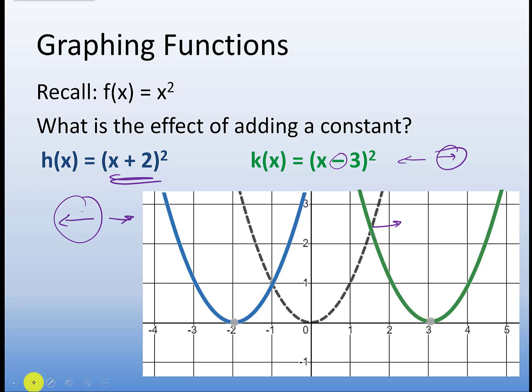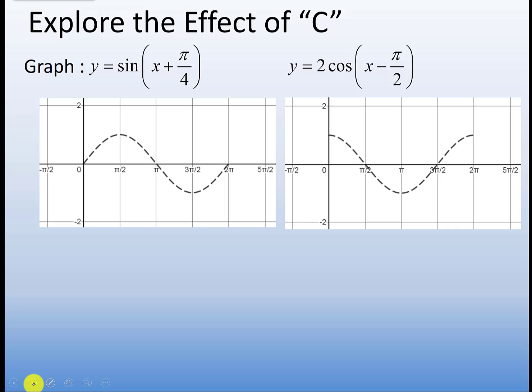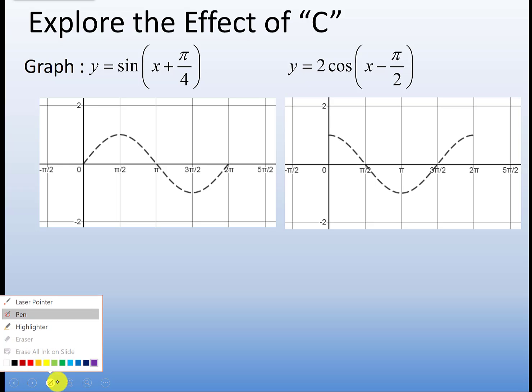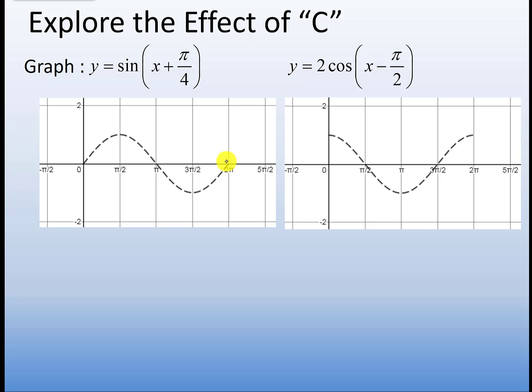Well, it does exactly the same thing in trigonometry, except the only difference is we have a periodic wave that repeats itself. So technically, this wave is going to keep going and goes back. And so when it shifts, the whole wave shifts.